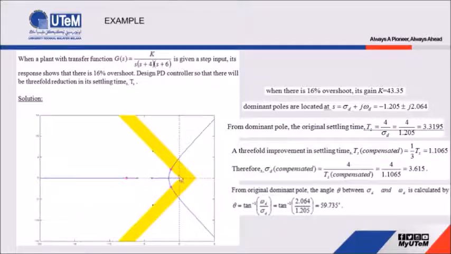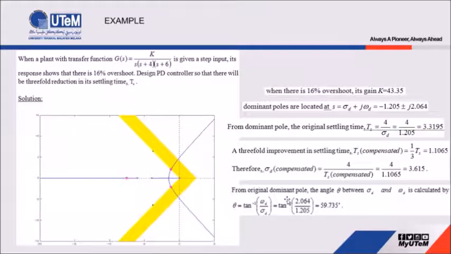Because we want to maintain this percentage of overshoot, we still use the same theta here. So theta for this case is calculated by taking the tangent inverse of this value divided by this value, which is equal to 59.7335. So we just refer to the old values for omega d and sigma d.